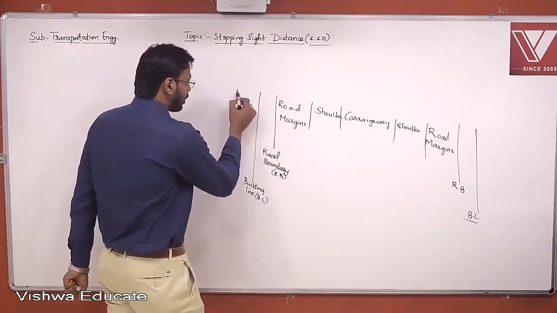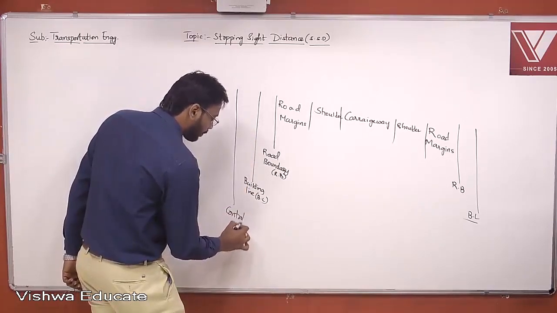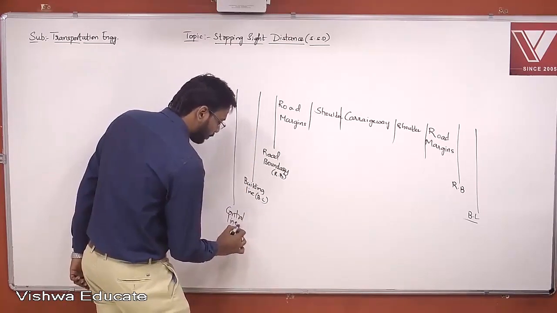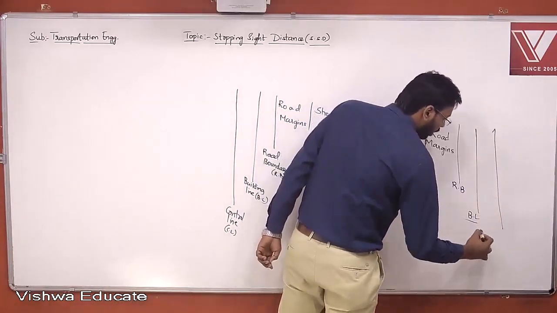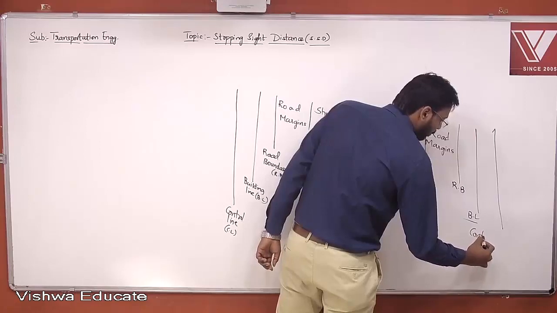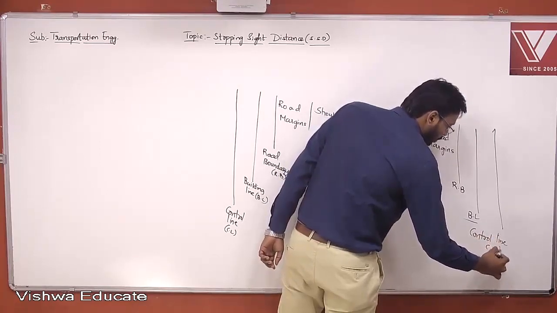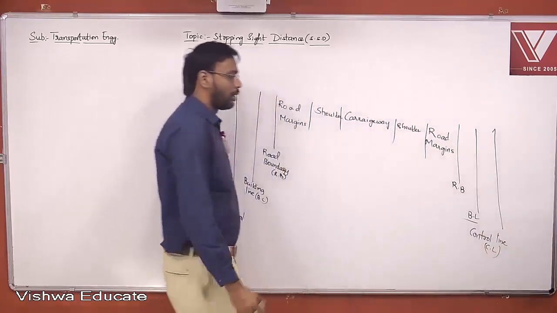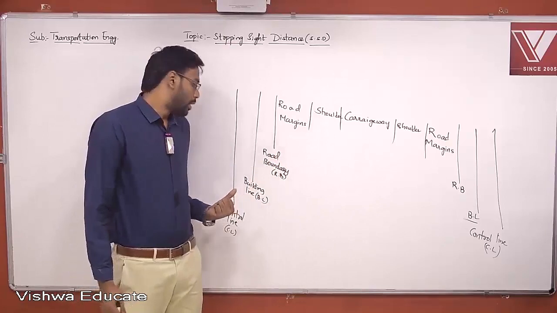And the last one is the control line. Same, here also control line. And what is this control line?